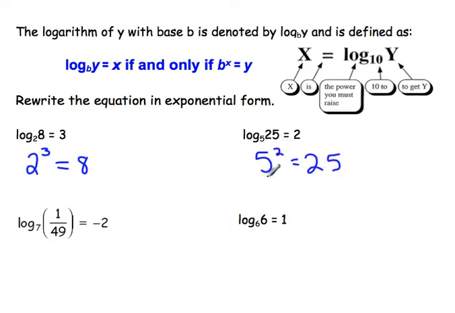And as you'll notice, that is also true. 5 squared does equal 25. Next one, 7 to the negative 2 equals 1 over 49. If I bring this 7 to the negative 2 to the bottom of the fraction, it would be 1 over 7 squared, that would be 1/49. And then the last one would be 6 to the first equals 6.